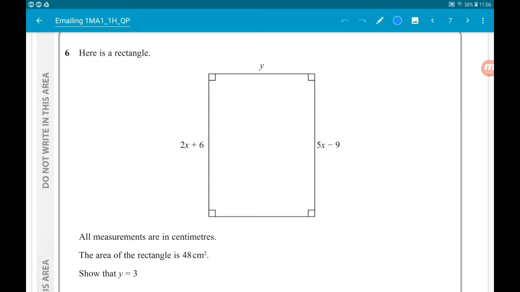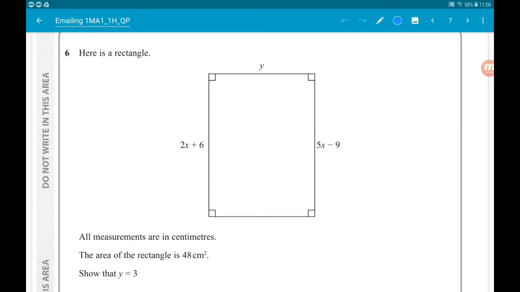We want to show that y is 3. So again, a bit more forming and solving equations. What we can do is, first of all, find the value of x, which then allows us to find the height, which then allows us to find y.